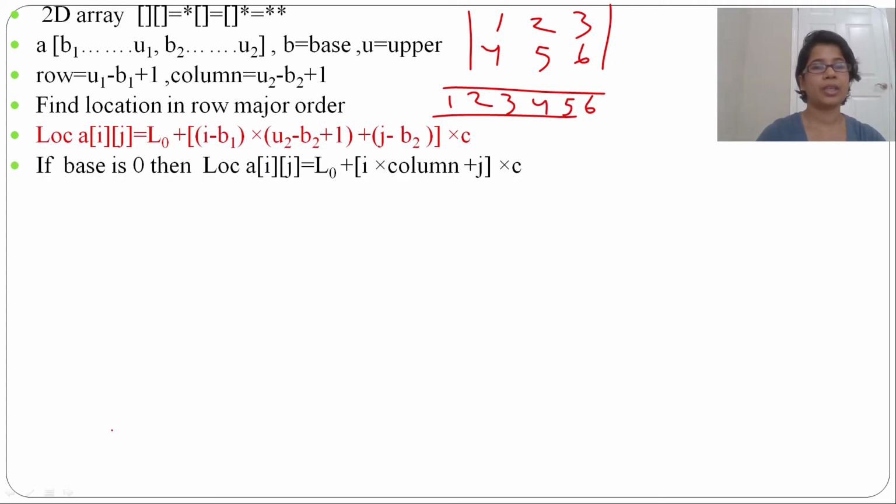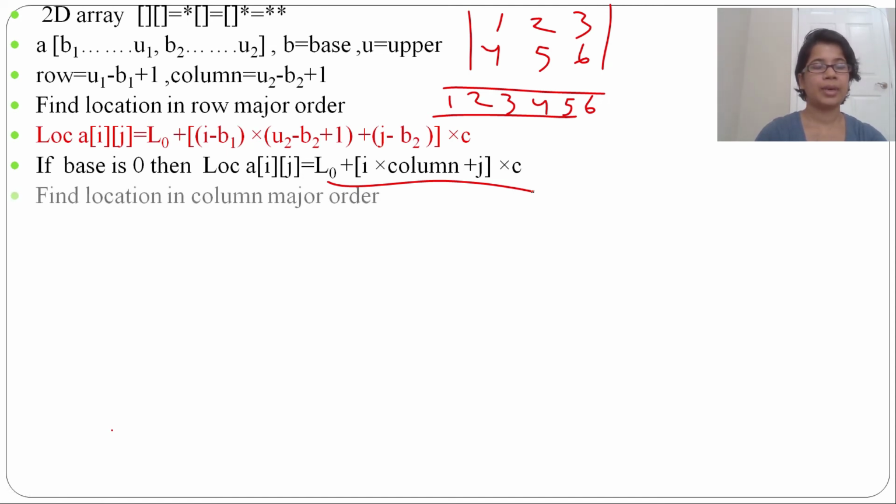If B is 0, then the location of a[i][j] is L0 plus (i into columns plus j) into C. In place of B1 it will be 0, in place of B2 it will be 0, and columns will be just U2 plus 1. So it will be (i into columns plus j) multiplied by C. This is the basic formula for when B is 0, and you can use it anywhere, whatever the question is.